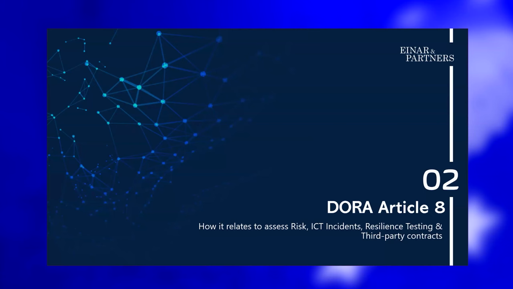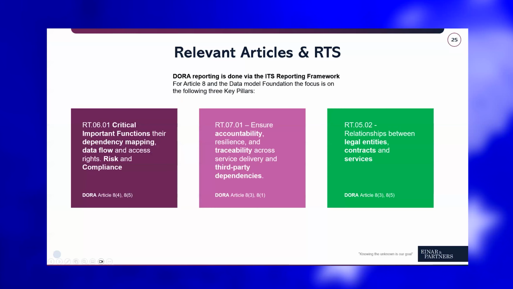Before we dive a bit deeper, we would like to understand what DORA Article 8 is about. For DORA, the reporting is done in the ITS reporting framework. And you see here the different RT numbers, the different pillars that are very well captured in Article 8 and really the backbone of that DORA compliance as well.